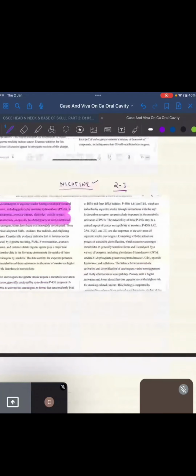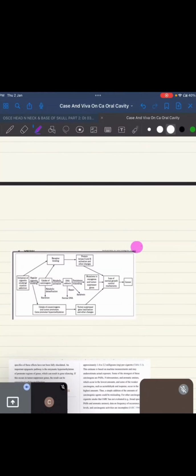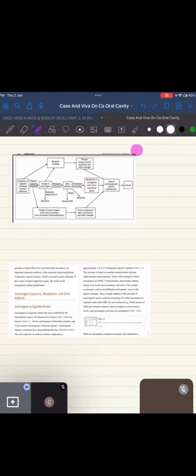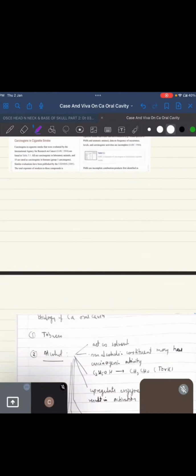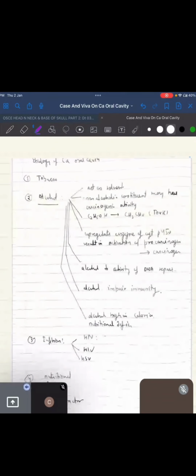This is a flow chart for theoretical purposes, not for practical. No need for reading it again and again. They have repeated the carcinogens in smoking again over there. So please remember it. It shouldn't be missed.